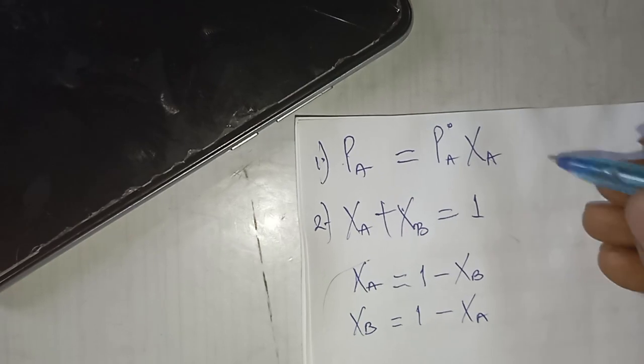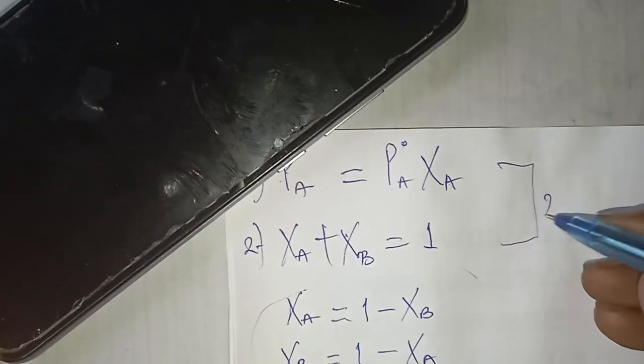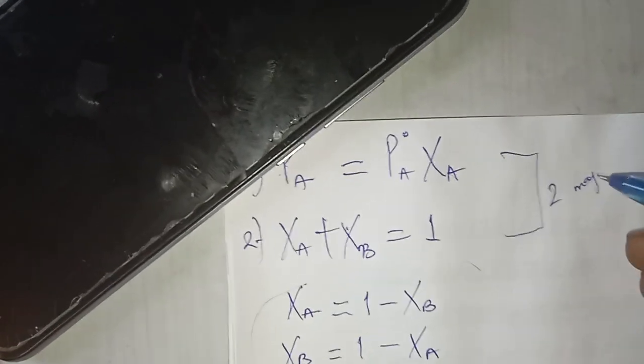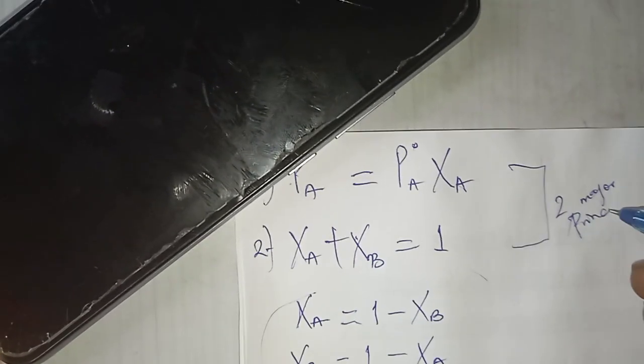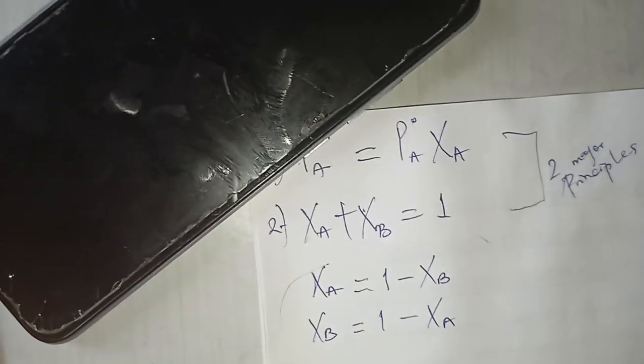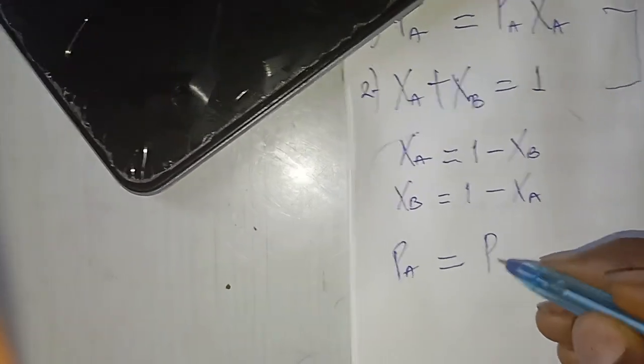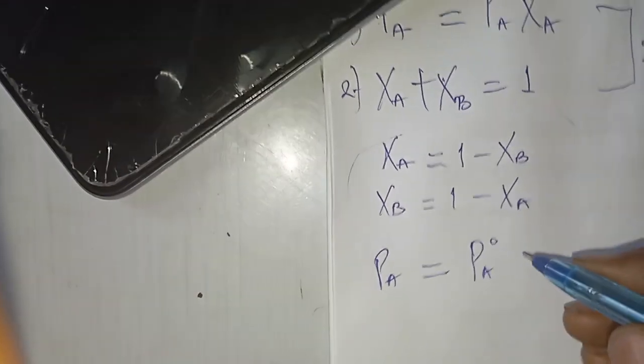So I can carry any of these and put inside equation 1. These are the two major principles of Raoult's law, of ideal solution actually. So let's say I put any of these in equation 1. I will now have PA is equal to PA degree times XA.